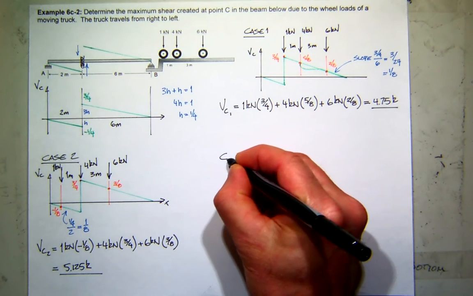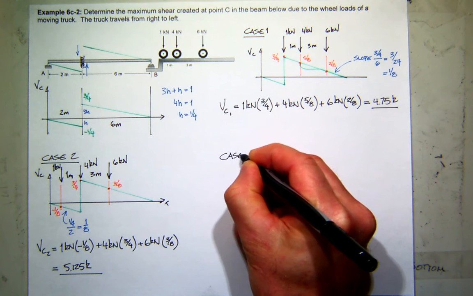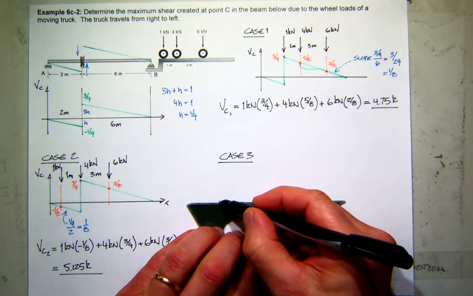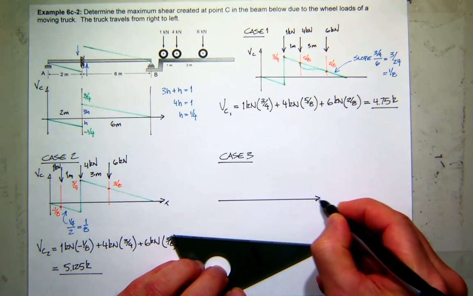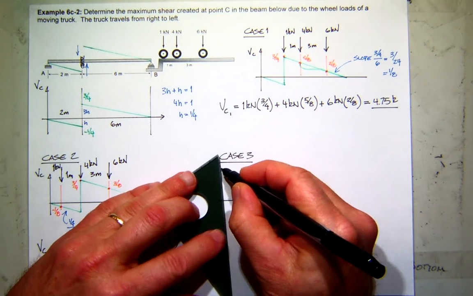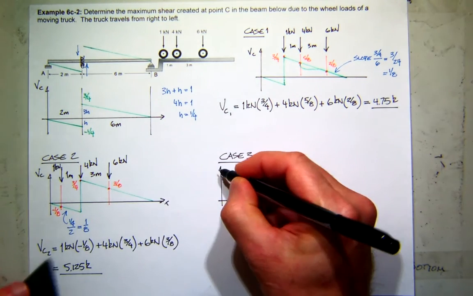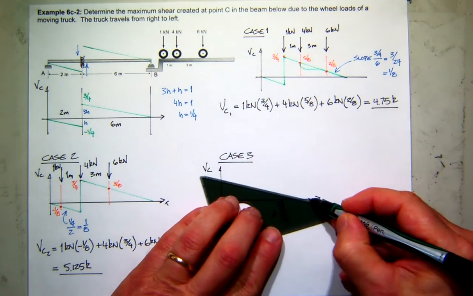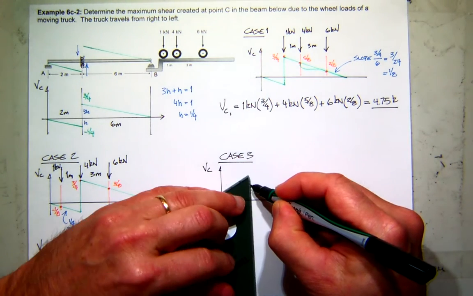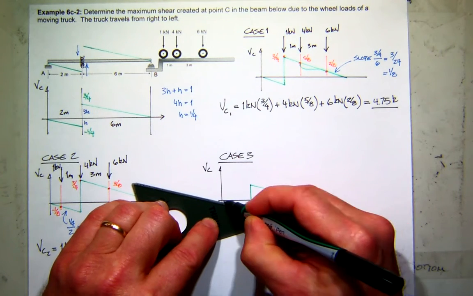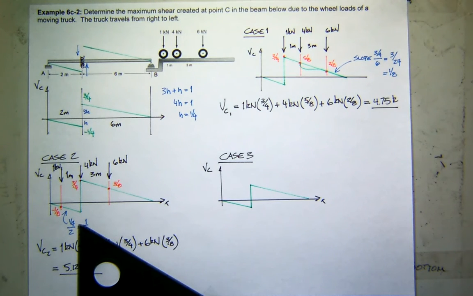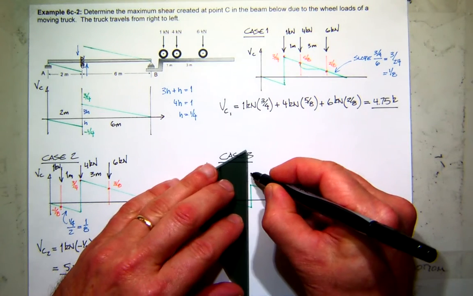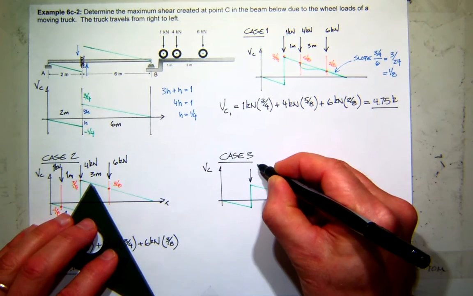Final one would be case 3. Again, just give me a little second here to re-sketch this. Again, we're doing the shear at C. So in this particular position, we're going to let the 6 kilonewton force be at the top.